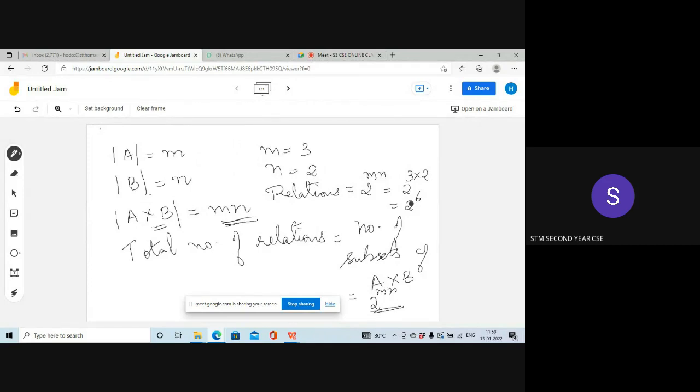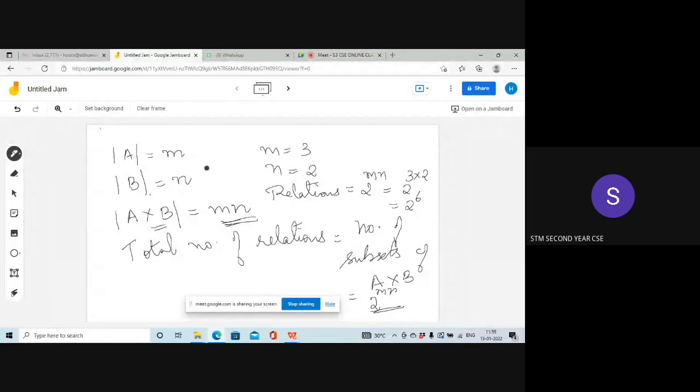Any doubt? If A has m elements, m is equal to 3, and B has n elements, n is equal to 2, the number of relations that can be formed from A to B is equal to 2 raised to mn. And 2 raised to mn, we got it from this: A cross B has mn elements.